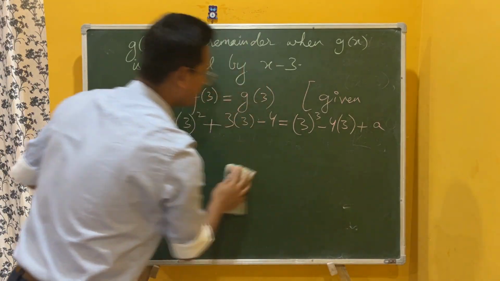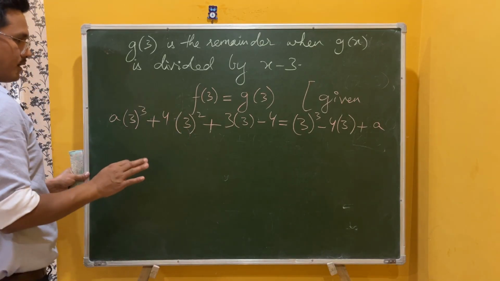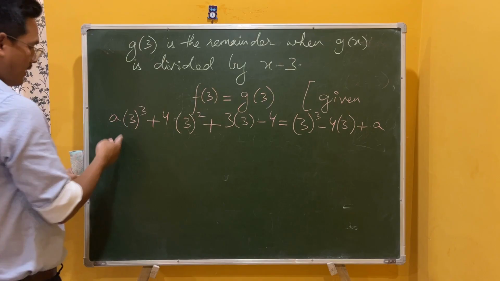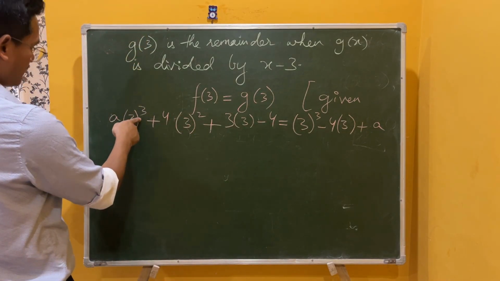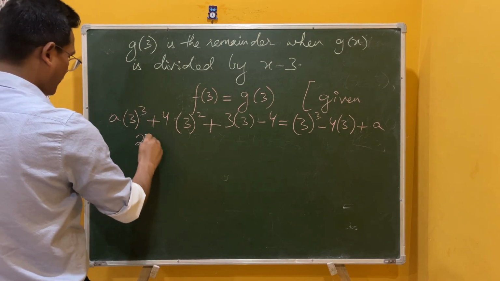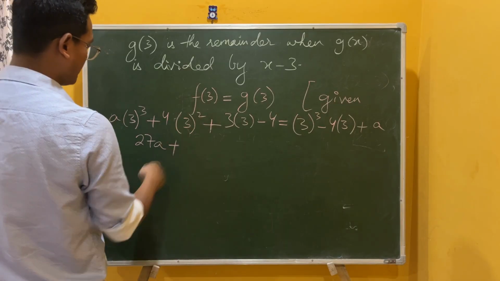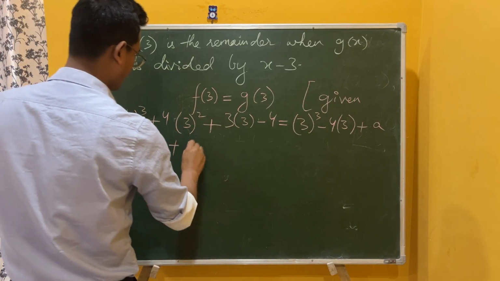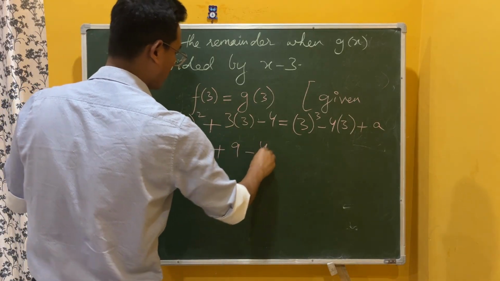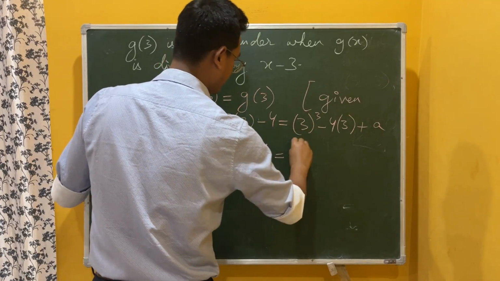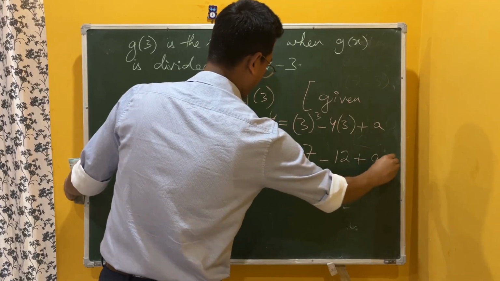So can you solve this? Now this becomes an equation where a is the only unknown, so we'll have to solve and find a. 3 cube is 27, so 27a plus 3 square is 9, 4 nines are 36, plus 9 minus 4 equals 27 minus 12 plus a.